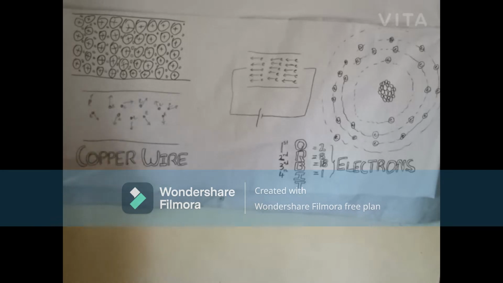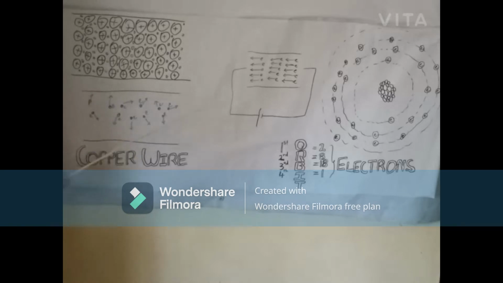When the electron leaves the outermost orbit, the copper atom gets a positive charge. So all these positive charges, the cations, are the copper atoms where the electron has been removed from the outermost orbit, and the electrons roam freely at room temperature within the conductor itself, the metal here being a copper wire.